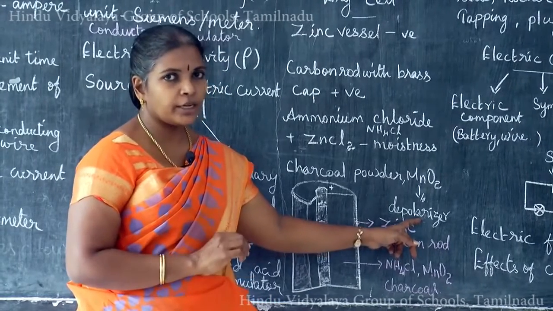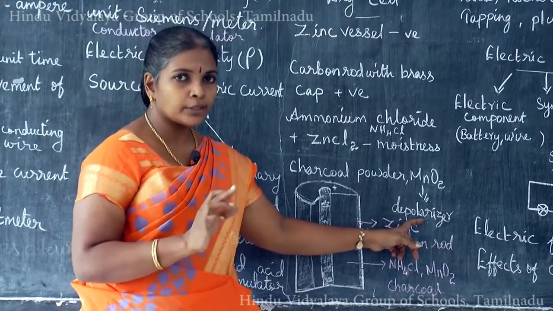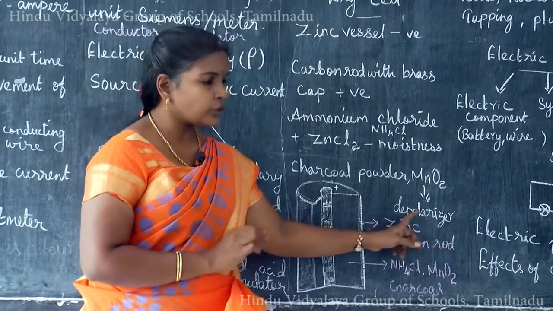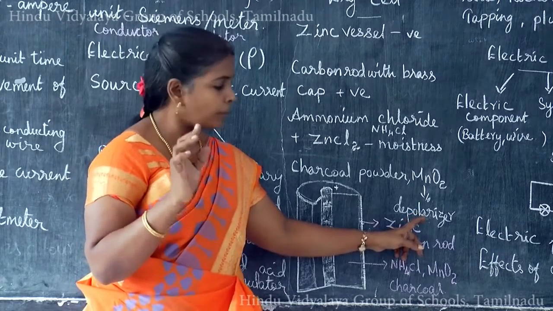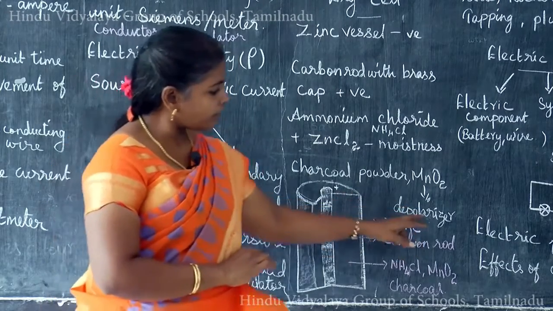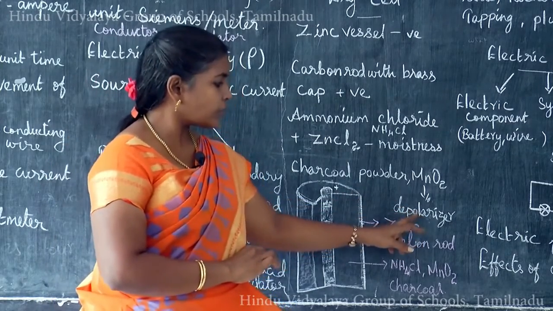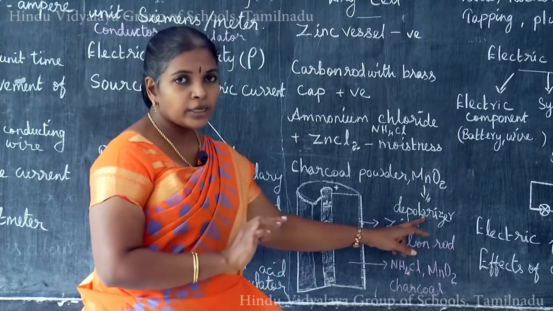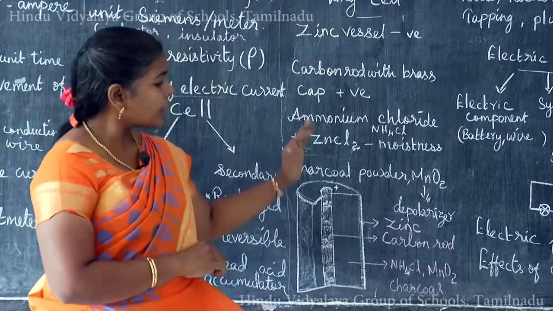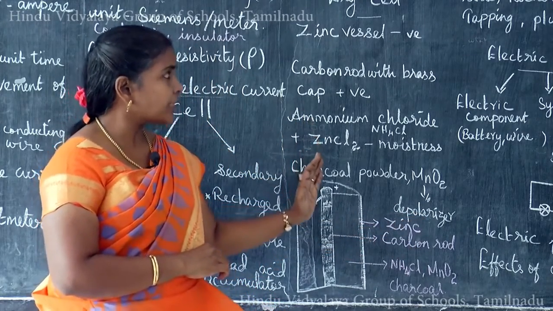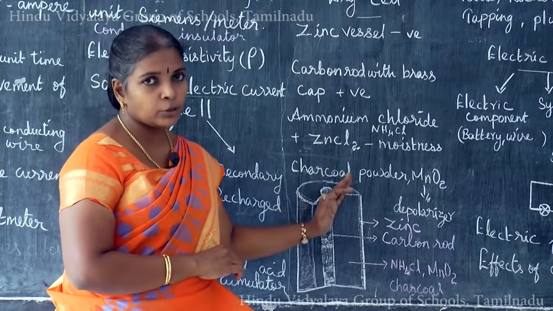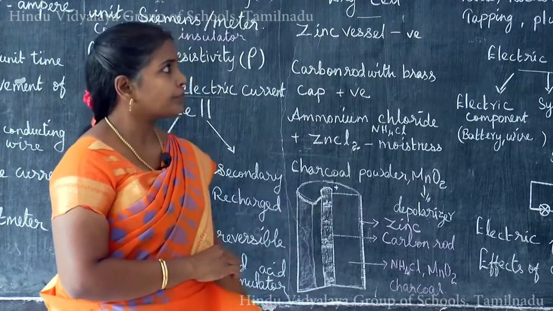What is the meaning of depolarizer? During the oxidation reaction, the formation of hydrogen bubbles is suppressed by this depolarizer. So, it acts like an oxidizing agent. Then the chemical reaction taking place inside this dry cell is similar to the Leclanche cell.